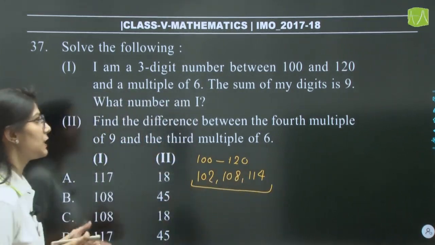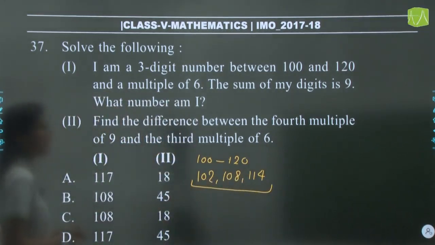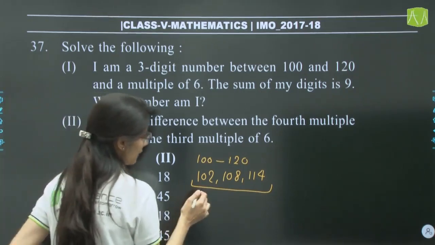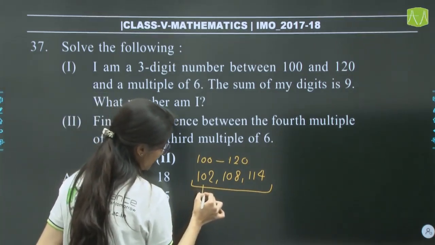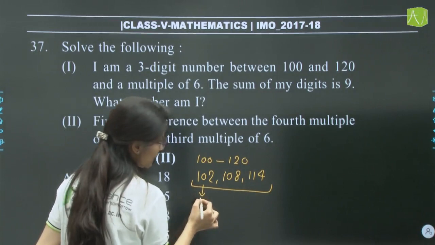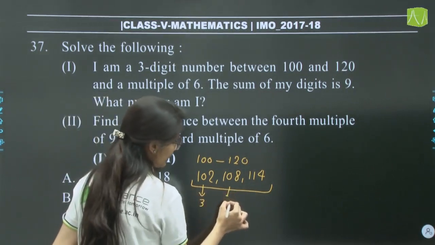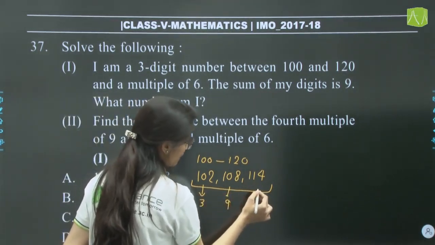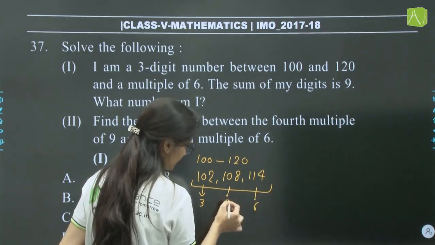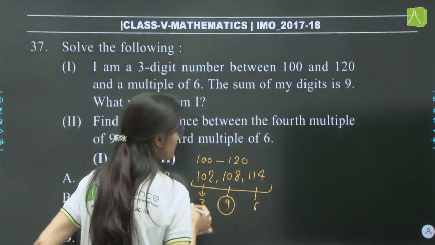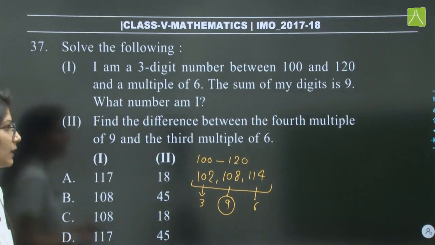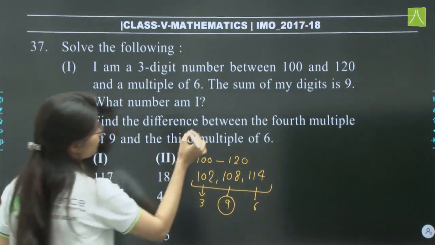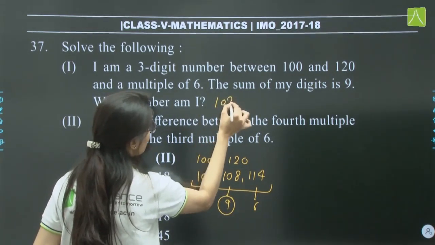And then the next condition is the sum of my digits is 9. If you add 1 plus 0 plus 2, it's 3 only. 1 plus 0 plus 8, it's 9. And 1 plus 1 plus 4, it's 6. So the only possible value when the sum of digits is 9 is 108. So for the first part, we got the answer as 108.